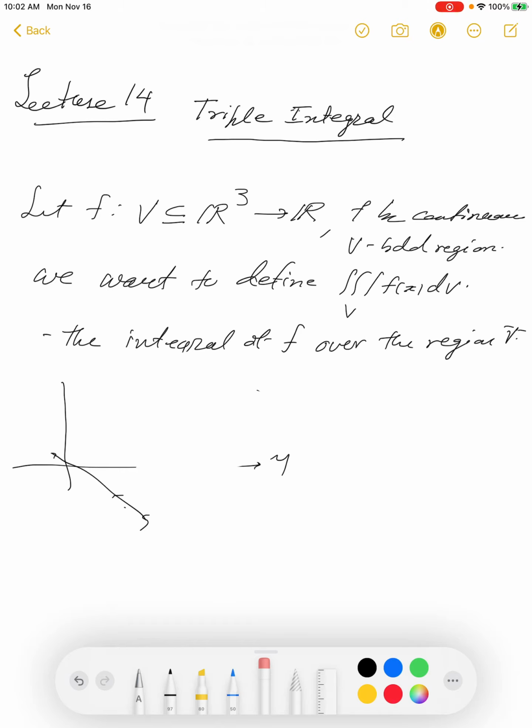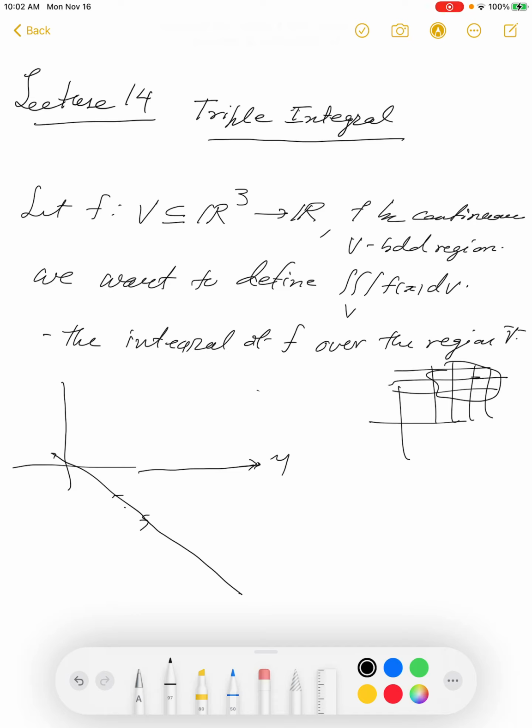So my idea, mimicking how we define double integrals, is to take a partition, but now the partition is in 3 dimensions. In 2 dimensions we had a region in the plane, and we took a partition of the region by rectangles.